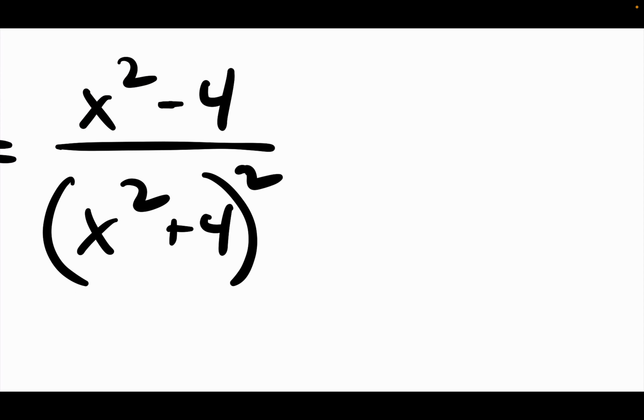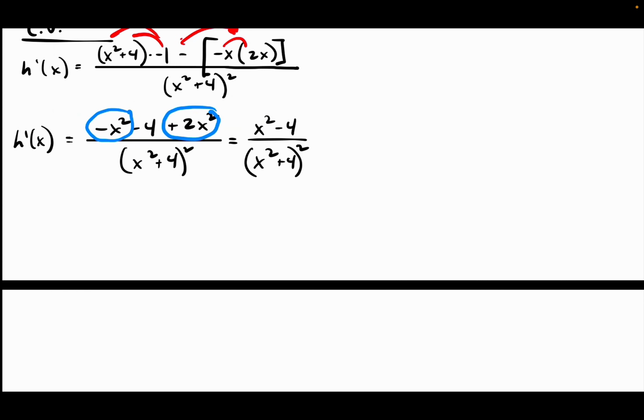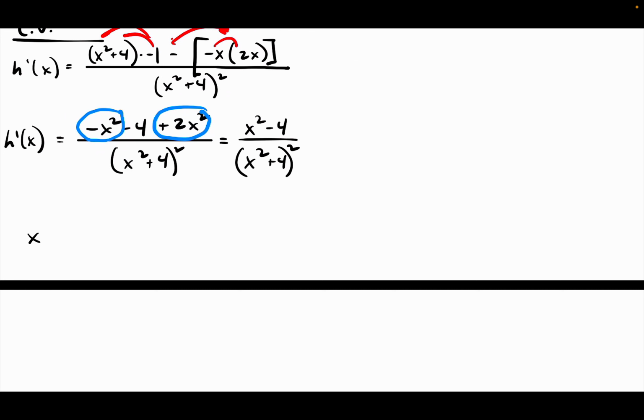So past directions say set it equal to 0. Well, which part of this is going to make it 0? The top or the bottom? When the top is 0, that means it's 0, right? So I'm not going to set the whole thing equal to 0. I'm going to set the top equal to 0. What happens when I set the bottom equal to 0? Right? That's also a critical value.